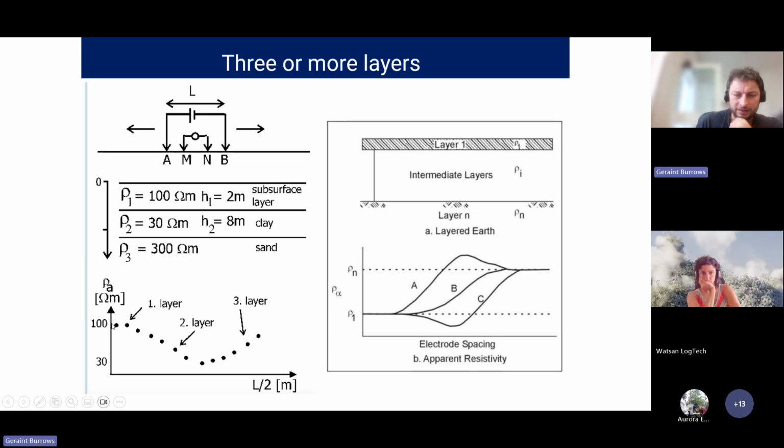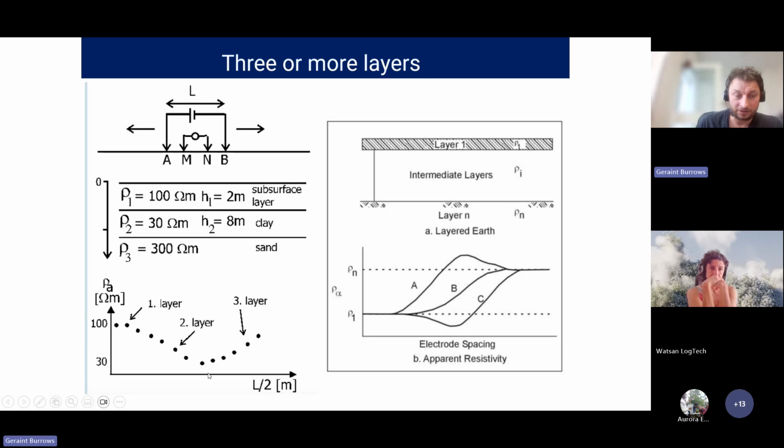In this particular case, we have a three-layered system where we have an initial resistivity for the top layer that's around 100 ohms. The curve is starting to reduce down, and if we didn't have a third layer, you'd expect it to in the end stabilize and flatten off again at the resistivity value of the bottom layer.